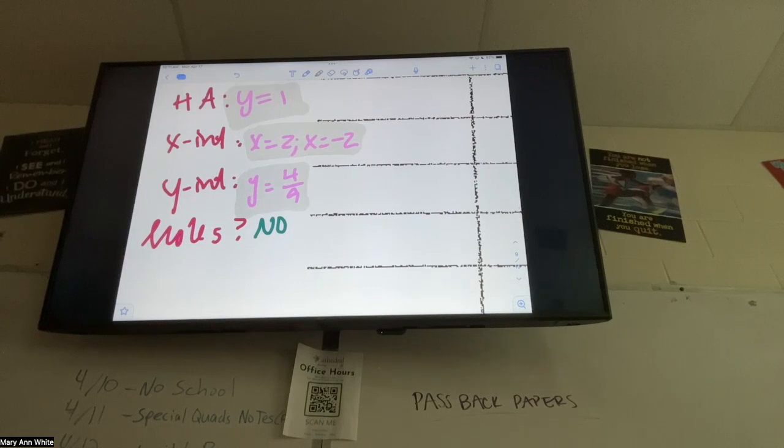Okay. Now we're gonna go graph all of these pieces. I like to do my asymptotes first, then my intercepts, and then I kind of connect my dots from there.